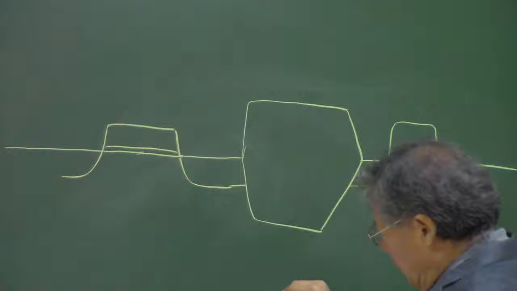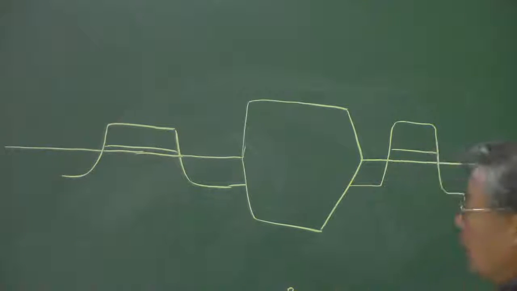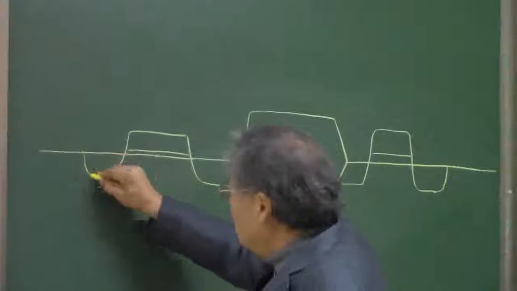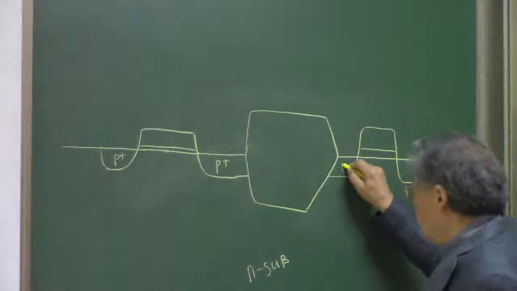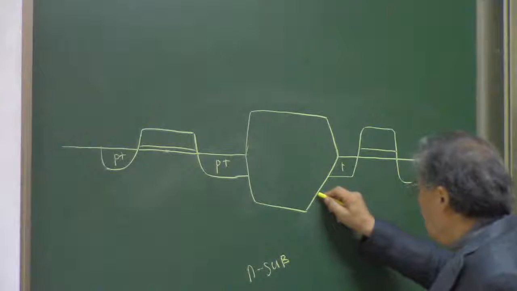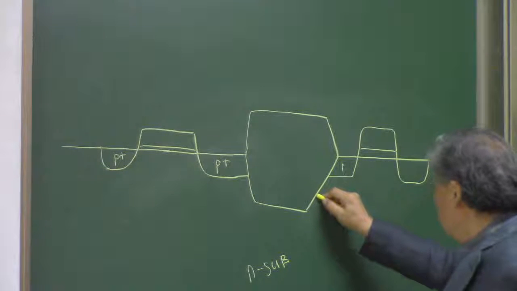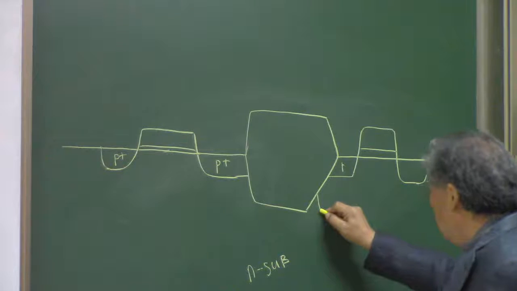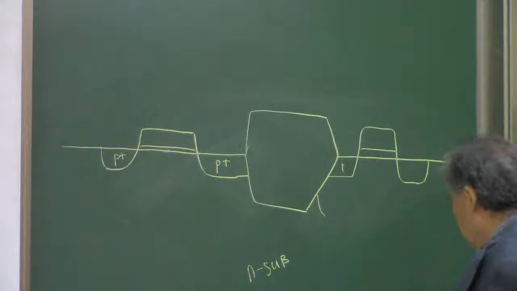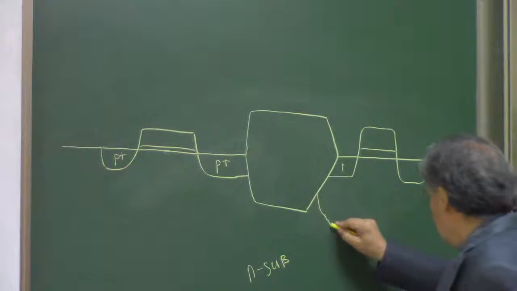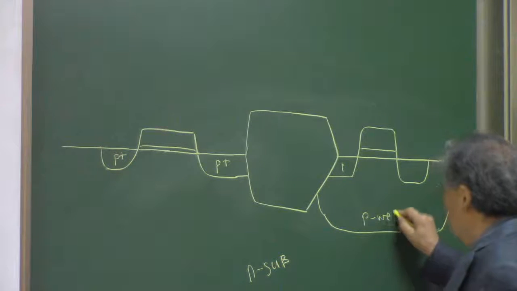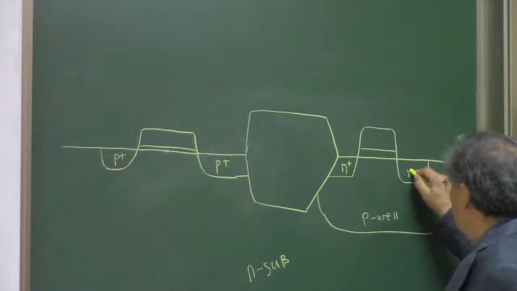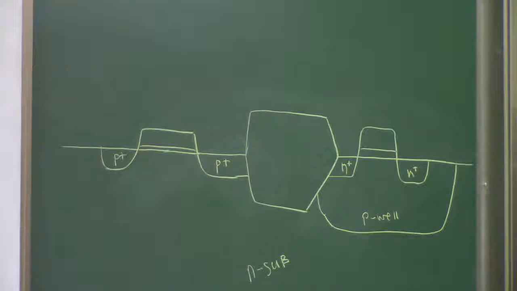If you have N substrate, then this is going to be the P plus, and the PMOS, and then you're going to have P well, and then set it, almost something like this, okay?